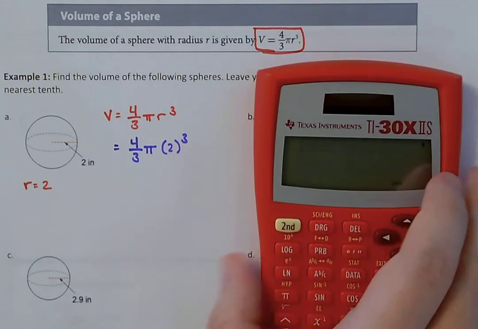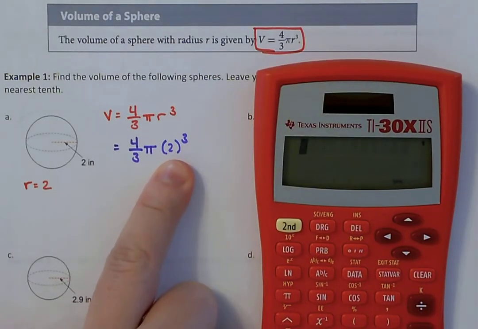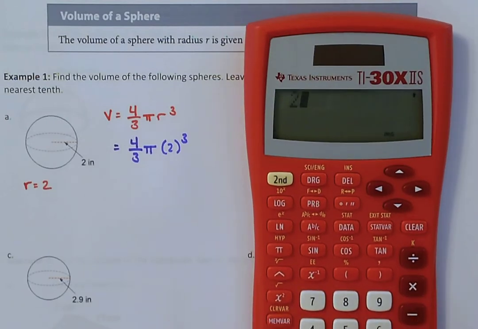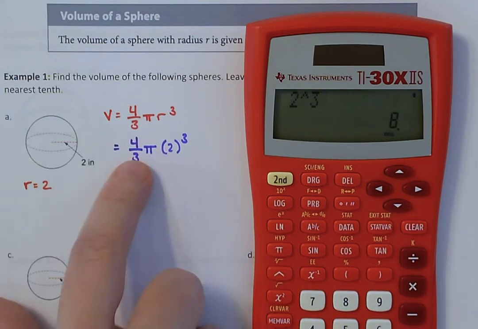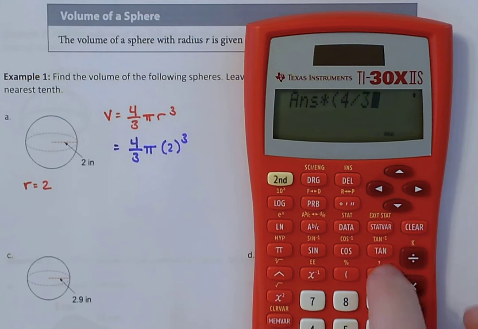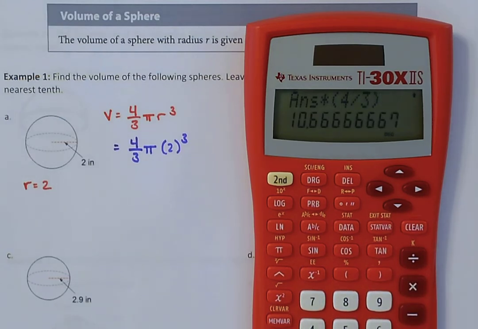First thing I'm going to do is evaluate this cubed. So we're going to do 2 to the power of 3, and that gives us 8. We're going to multiply 8 times 4/3, and that gives us 10.6 repeating.